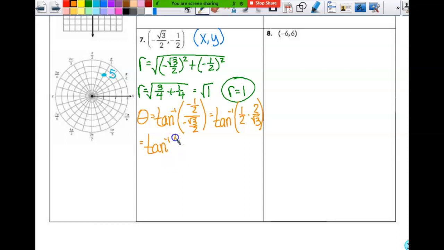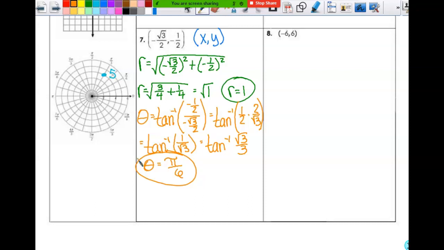That's the tangent inverse of 1 over the square root of 3. What's 1 over the square root of 3? Square root of 3 over 3. And then what is the tangent inverse of the square root of 3 over 3? Pi 6. There's my theta value. So it looks like my answer should be 1 comma pi 6.